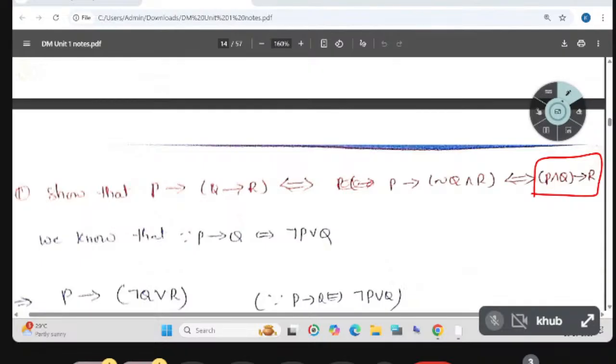The final answer I need to get. So get the answer from the laws. Check whatever you are having in your laws, how you are going to segregate P implies Q implies R or the second column, then you can go for your solution. Just do it.